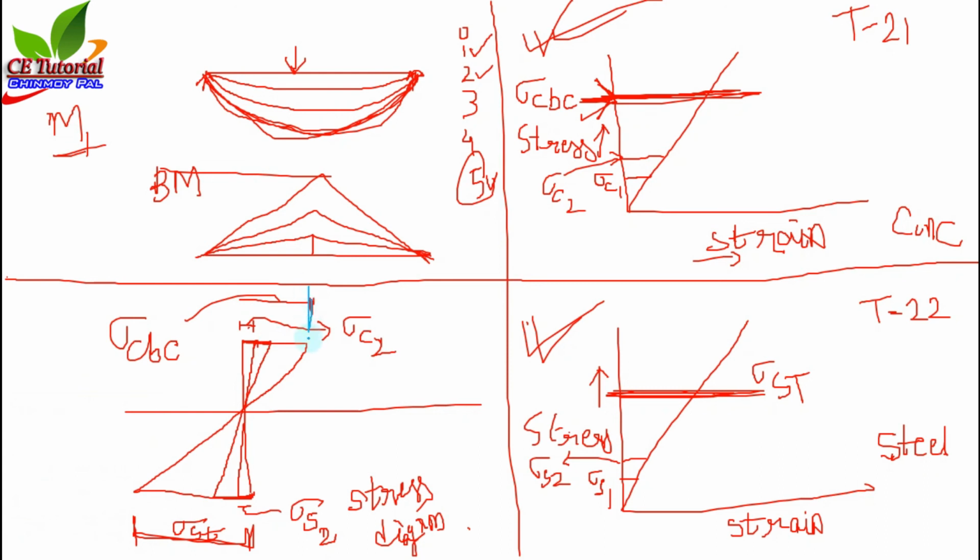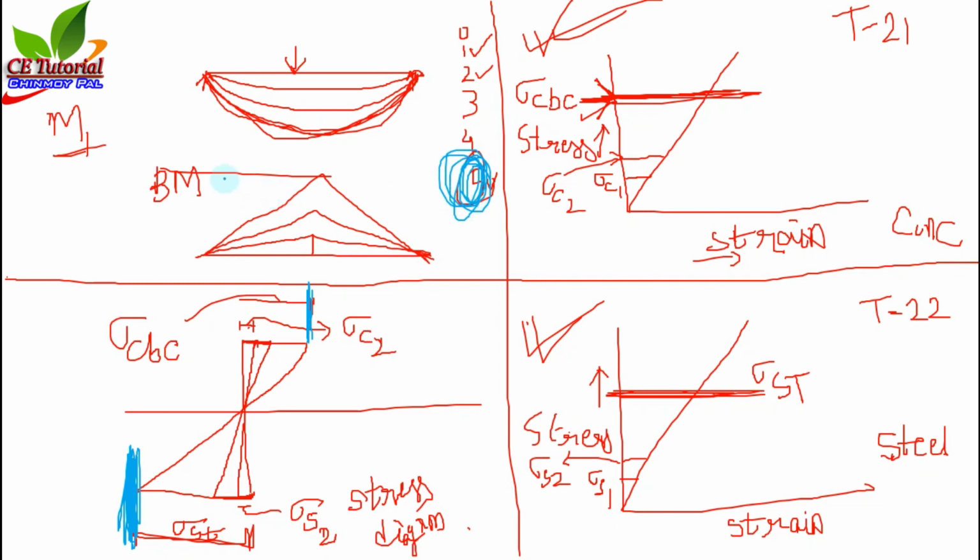The limitation of sigma C and sigma ST is there, that is the limitation provided by IS 456.